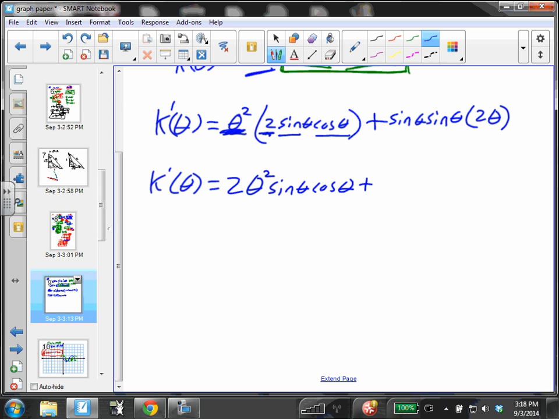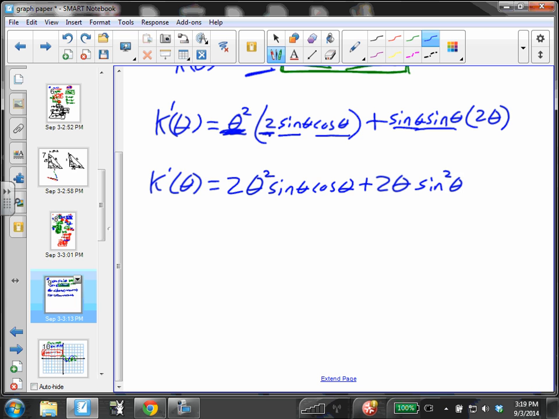And then this 2 theta I'm going to bring to the front. So 2 theta, and then sine times sine, I'm just going to go ahead and transform it back into sine squared theta. I had to make it longer so that I could actually keep using the product rule in order to work this out. But now that I'm finished and I want to simplify it, I'm going to bring it back down.